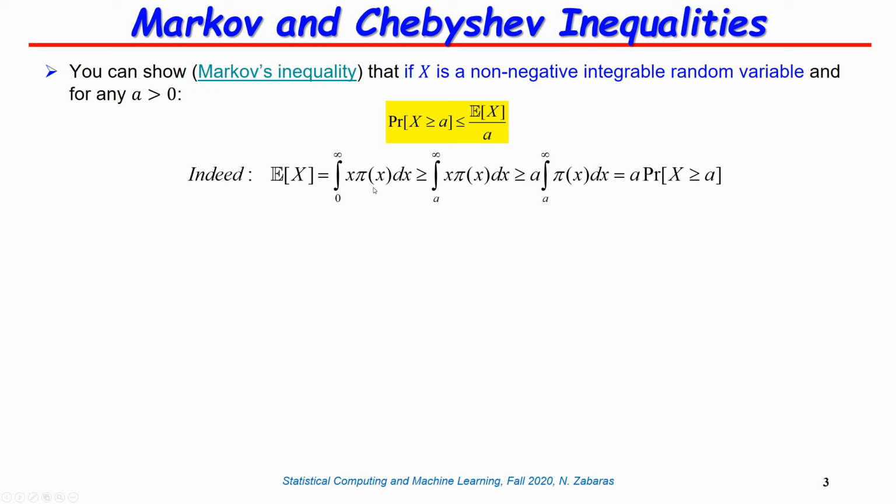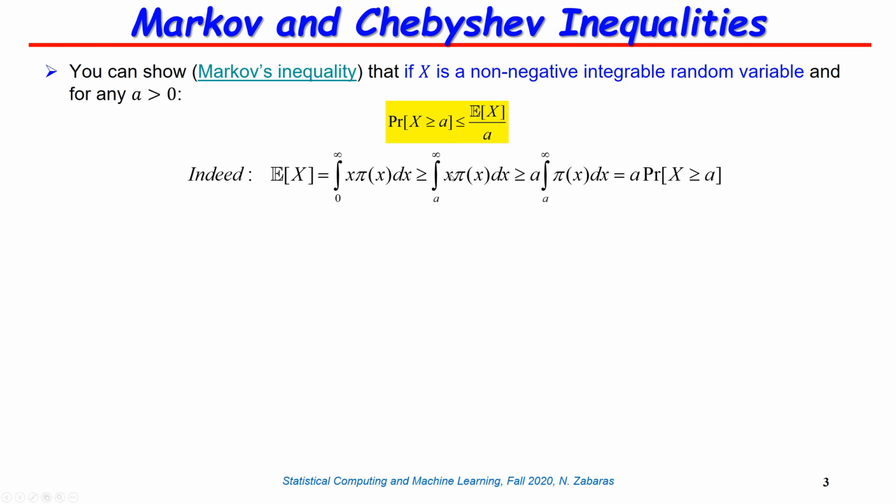Remember, the definition of the expectation is the integral over the support of my distribution that I denote here as pi of x. And the integral goes from 0 to infinity because, remember, we are making the assumption that x is non-negative. Because a is a positive number, this integral is always greater or equal to the integral where my lower limit of integration is a.